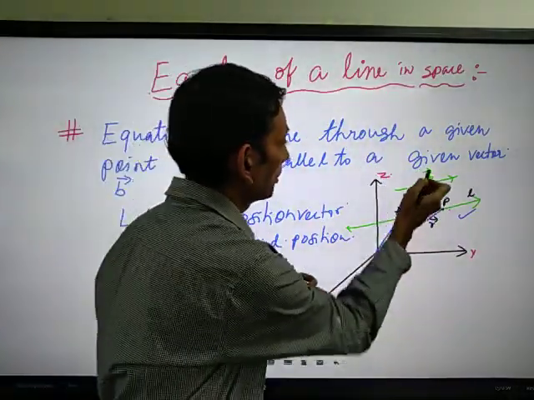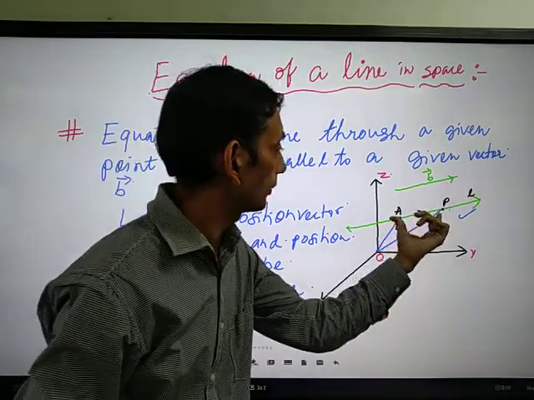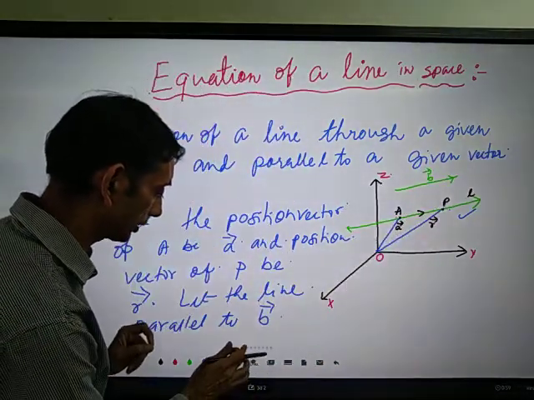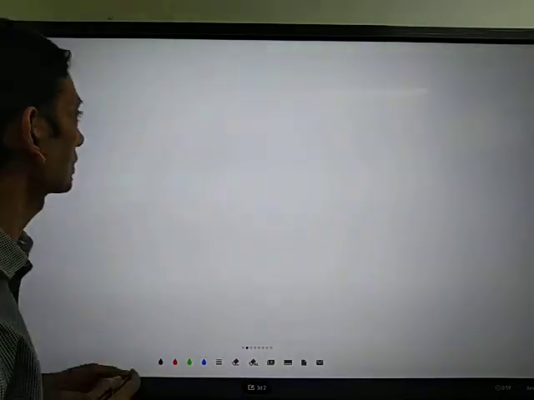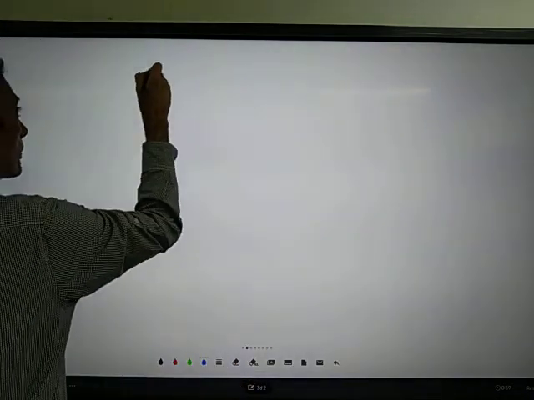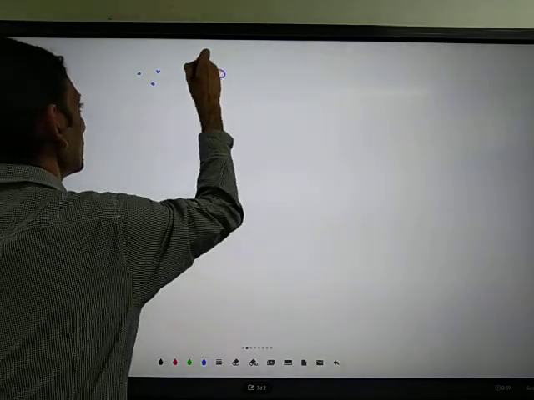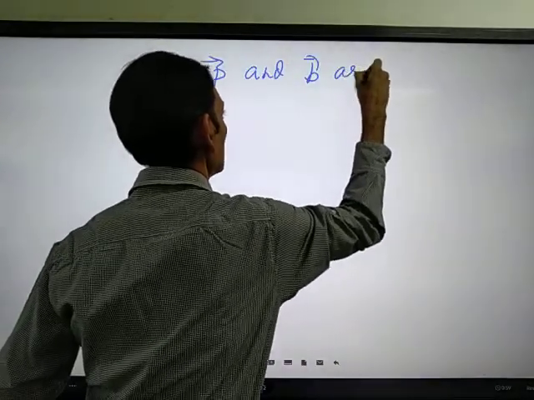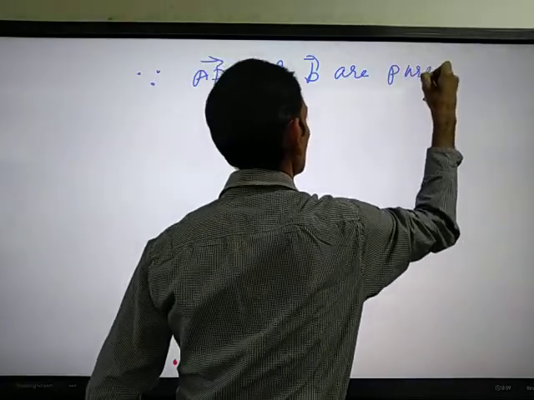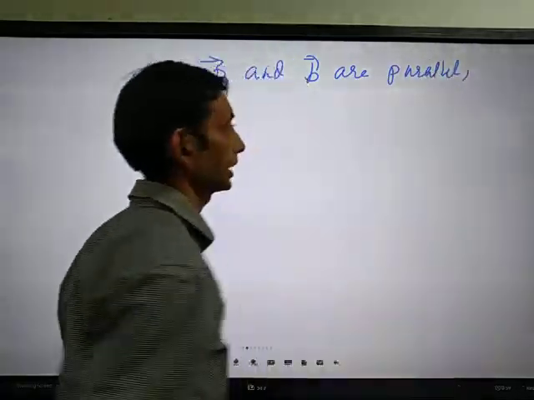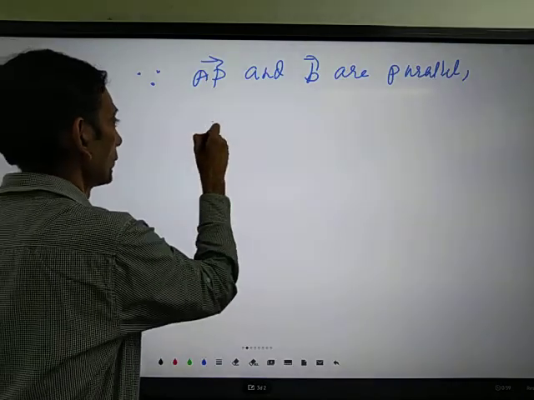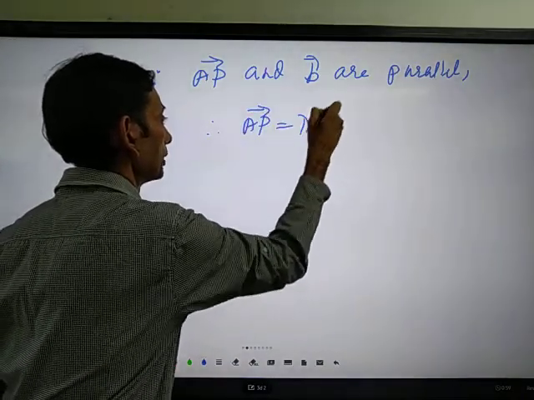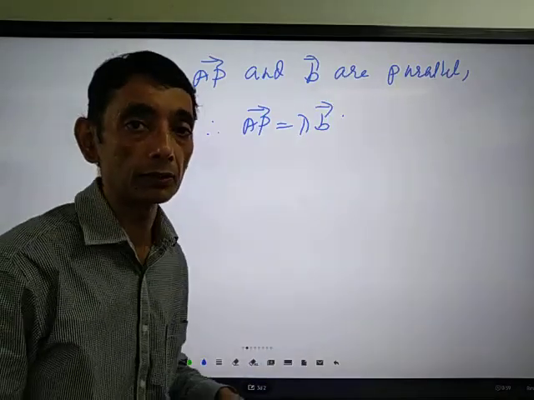We know that if AP and b are parallel vectors, then one vector can be written as a scalar multiple of the other vector. Since AP and b are parallel, therefore we can write AP equals lambda b, where lambda is any real number.